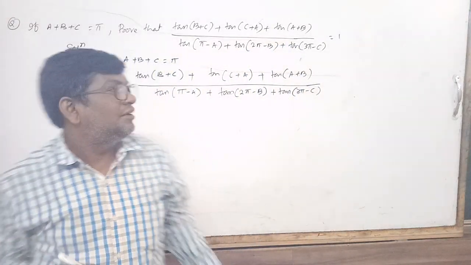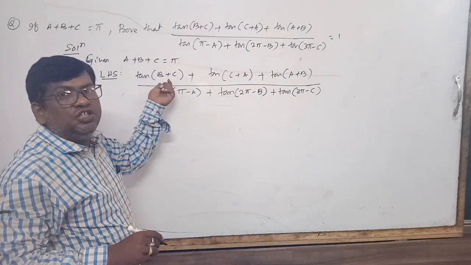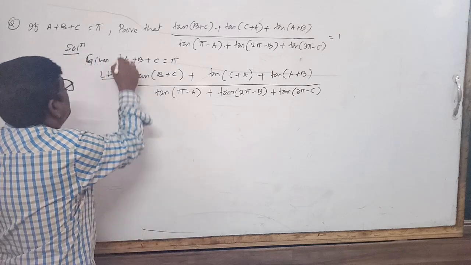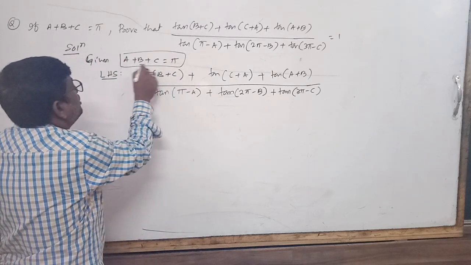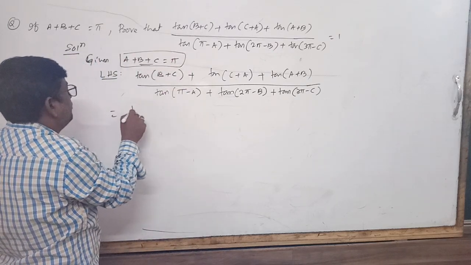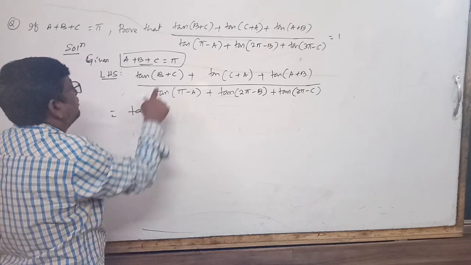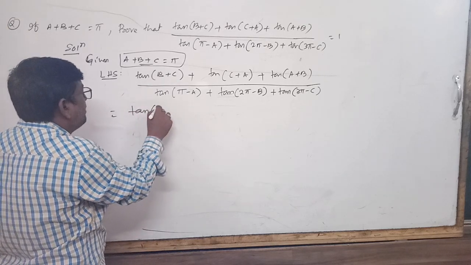What is here? B plus C is equal to pi minus A, so tan(B plus C) means tan(pi minus A).